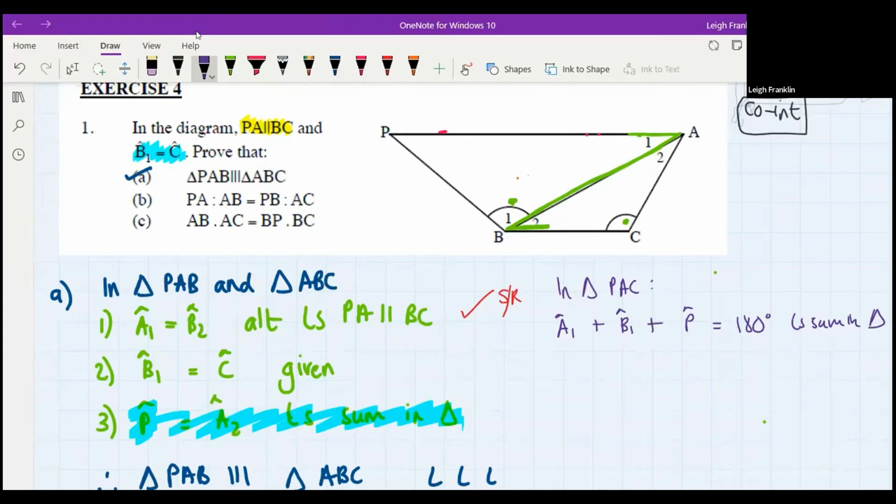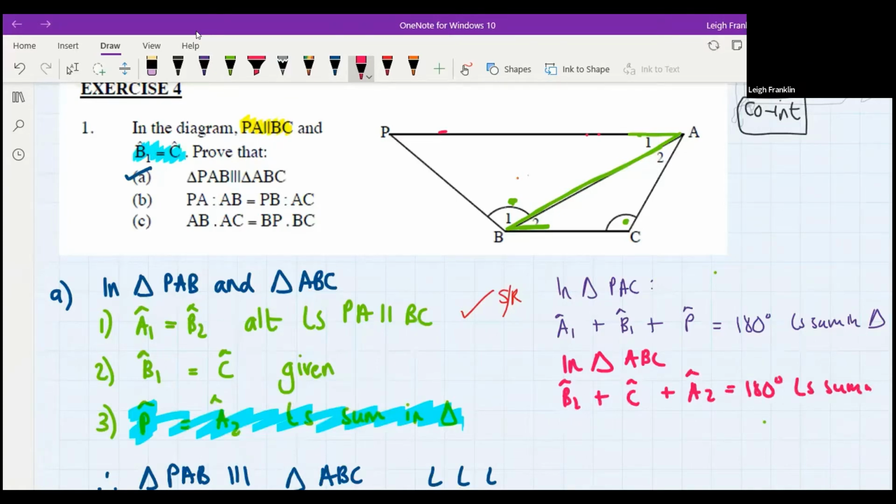Then in triangle ABC, we are saying that angle B2 plus C plus A2 adds up to 180.